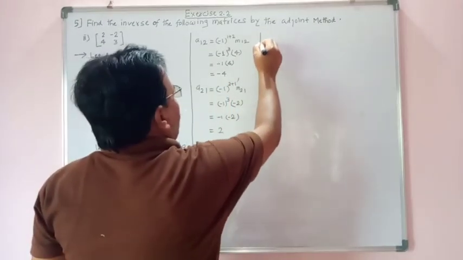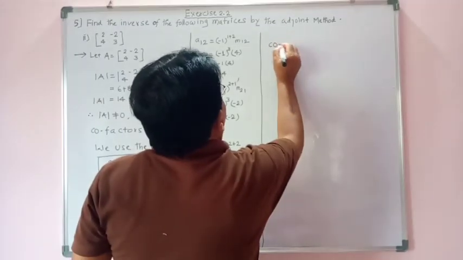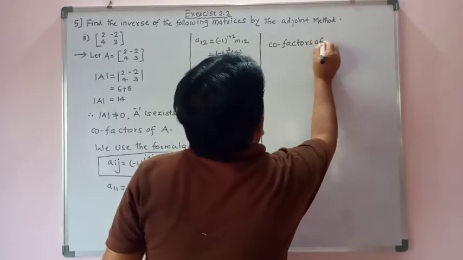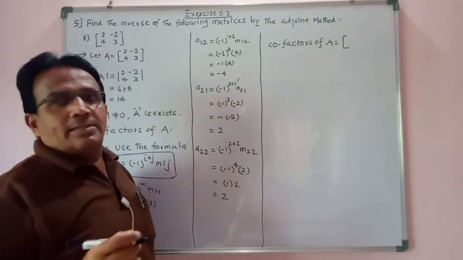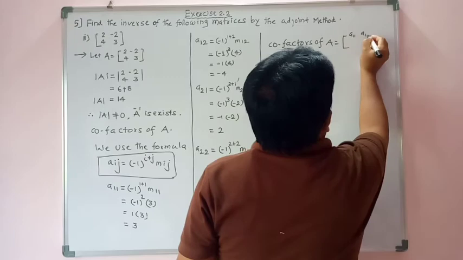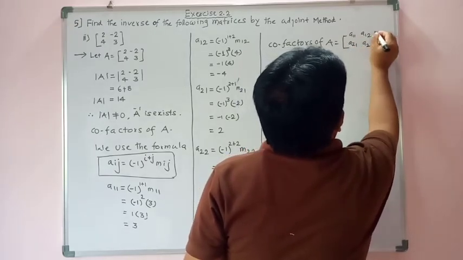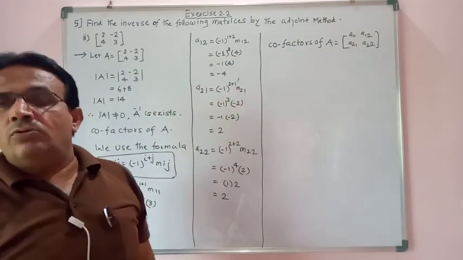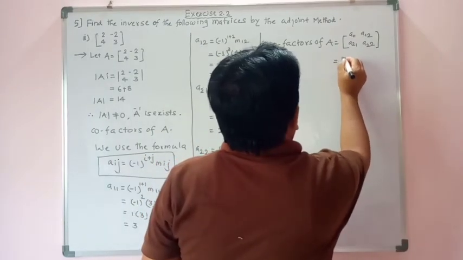Therefore, the cofactors of matrix A are A11, A12, A21, A22. The order is 2 by 2.